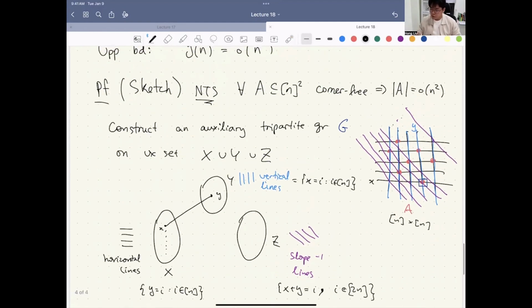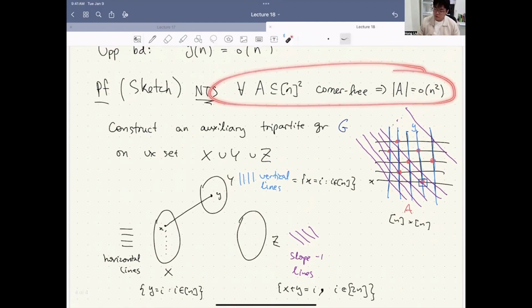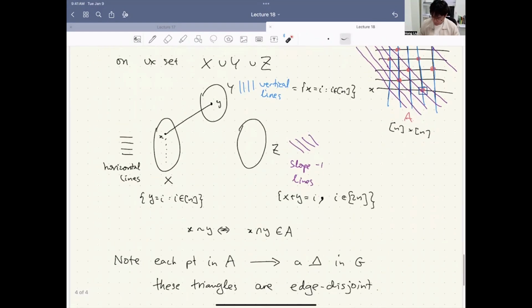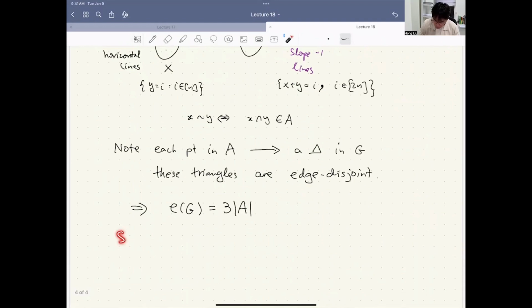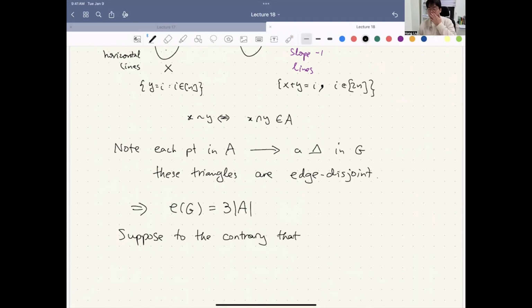Now let's try to prove the contrapositive. Suppose, to the contrary, that A is quadratic size, has positive density.